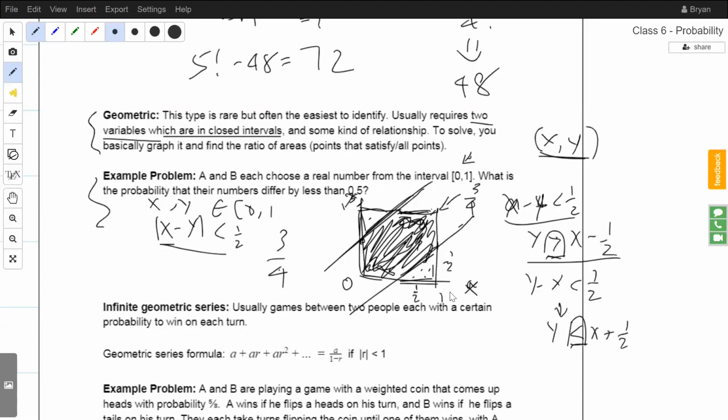After that, when we graph, we can identify the portions of the shape, which are really just a set of a lot of points that will work.